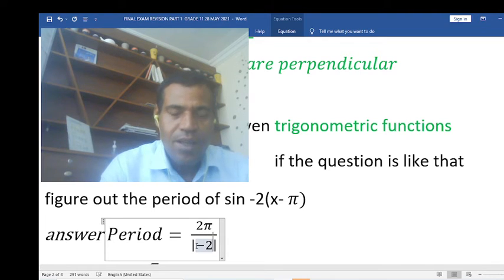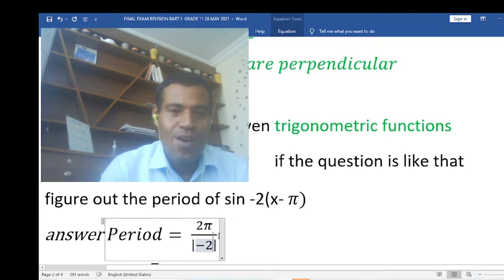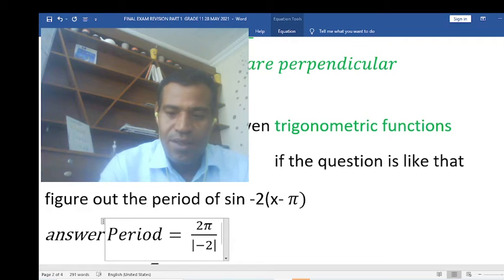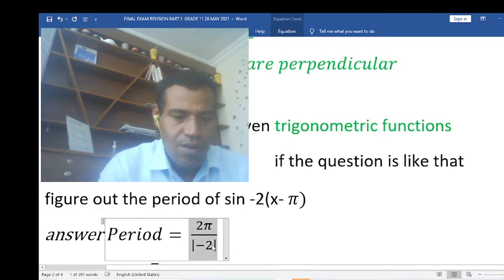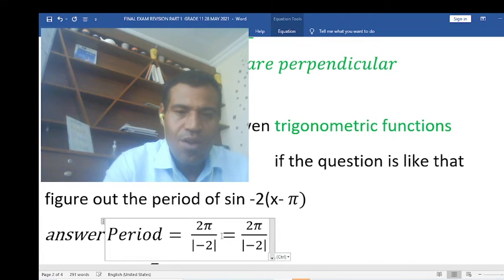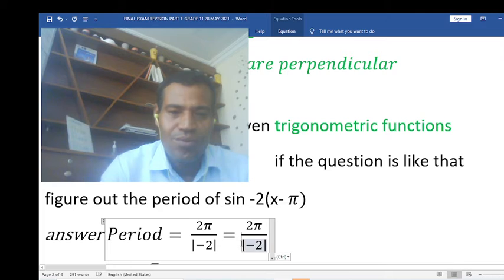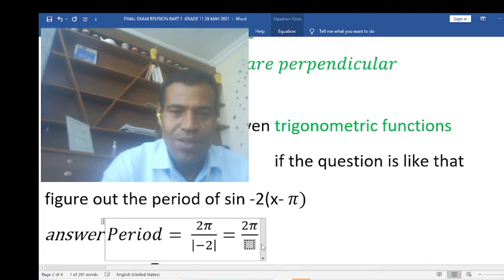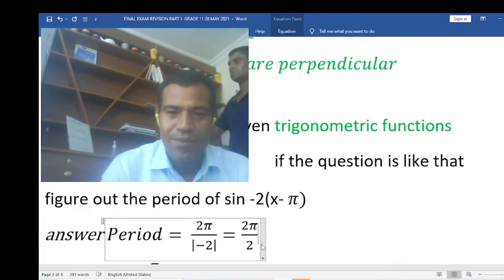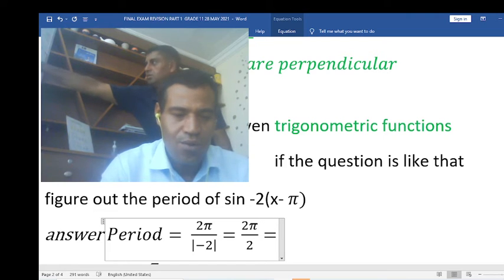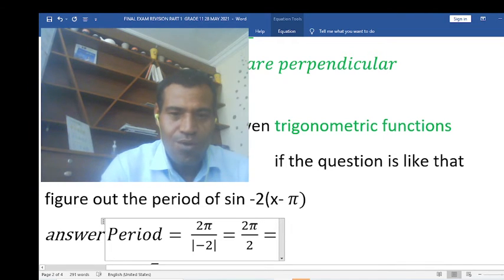Which is equal to 2 pi divided by 2. Which is equal to what? Which is equal to pi. I thought that this one is clear for you. Which is equal to pi.